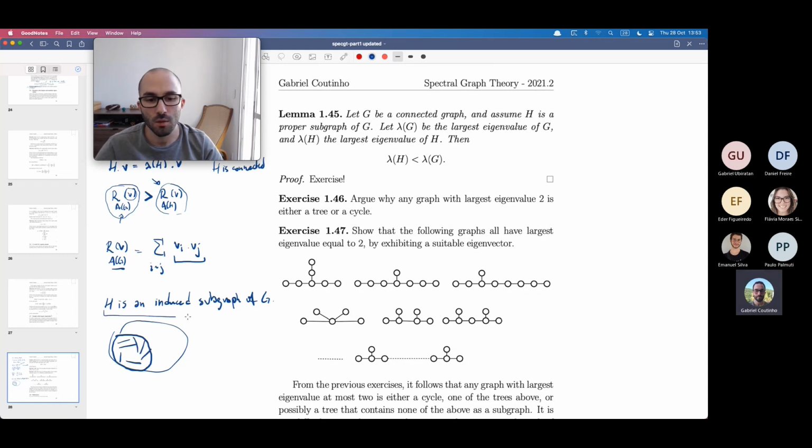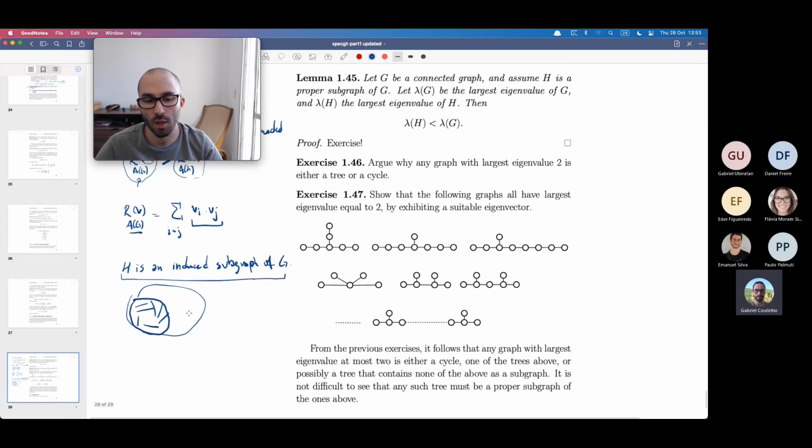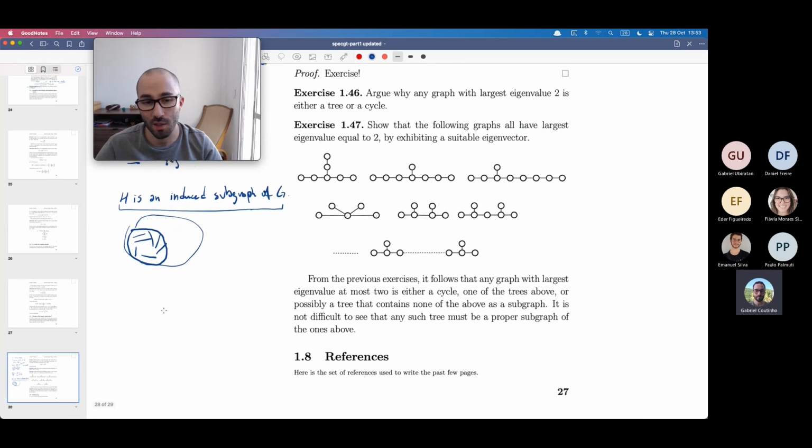If H is an induced subgraph of G, then how can you show that the largest eigenvalue of H is smaller than the largest eigenvalue of G? Same trick. Consider an eigenvector for the largest eigenvalue of H, pad it with zeros, compute the Rayleigh quotient, tell me what you see. Compare with the Rayleigh quotient of that same eigenvector at G.